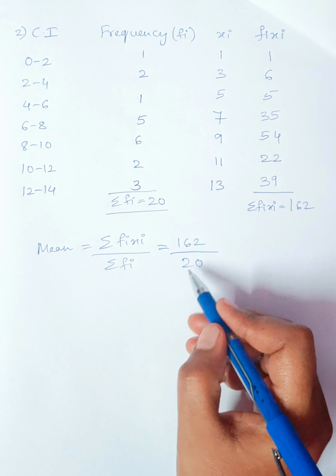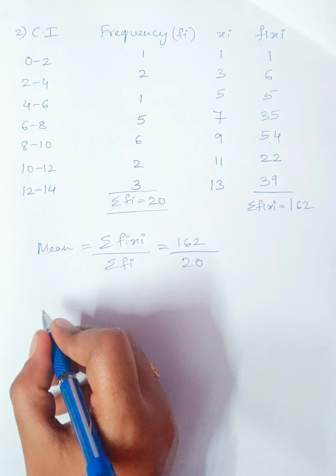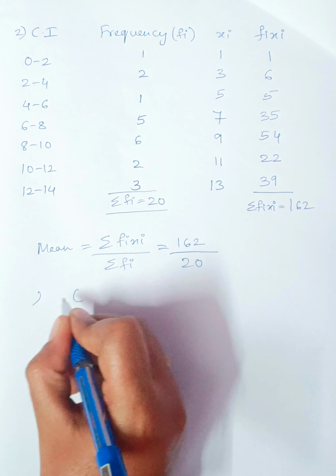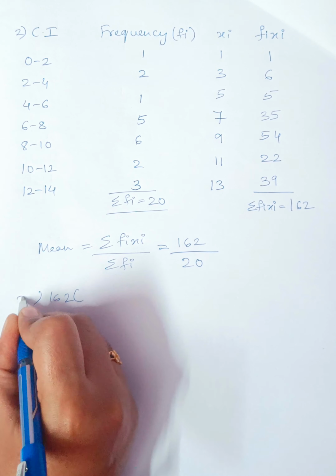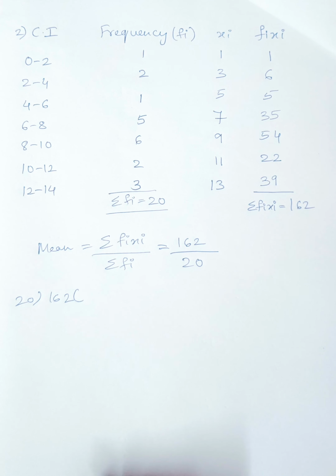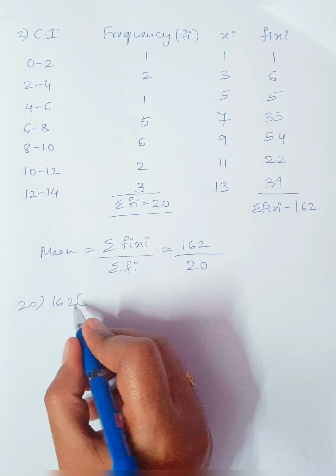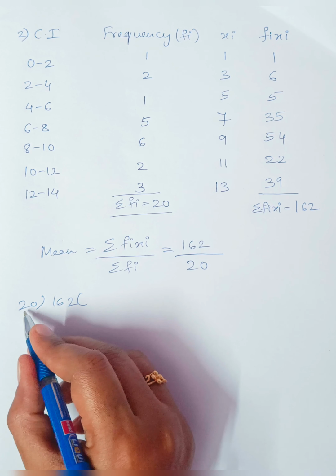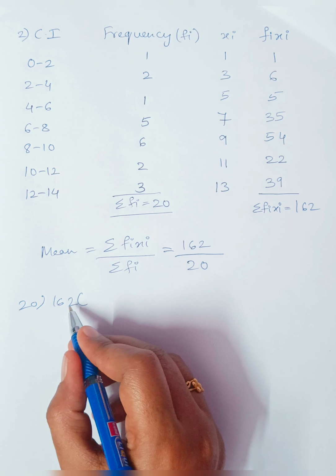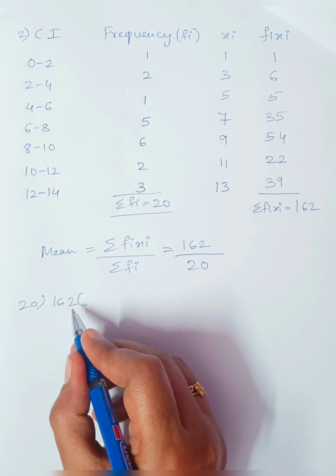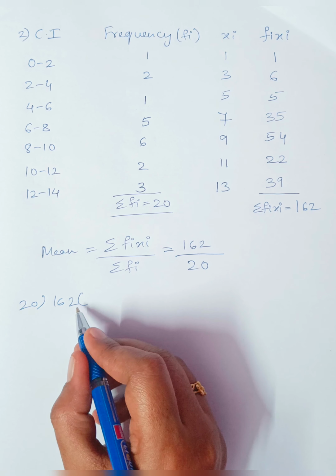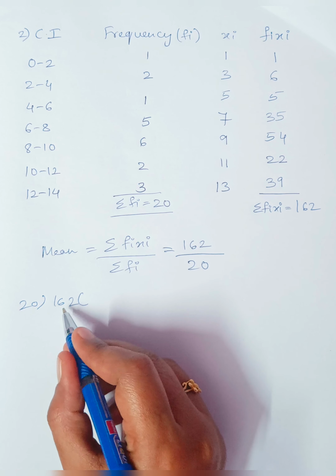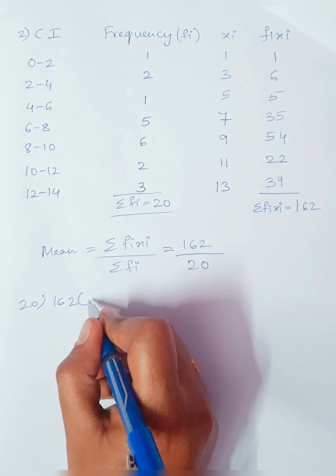So even this will not get simplified. So what you have to do? We have to divide it now. So I am dividing 162 by 20. Okay. So in the 20 table there is no 162. So there is 160. So 20 eights are 160.